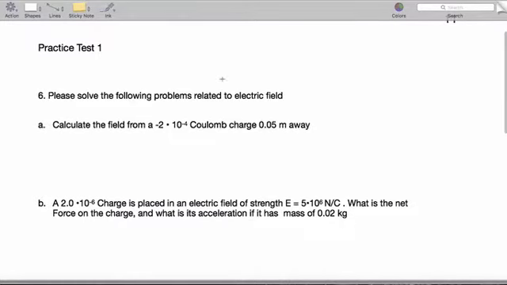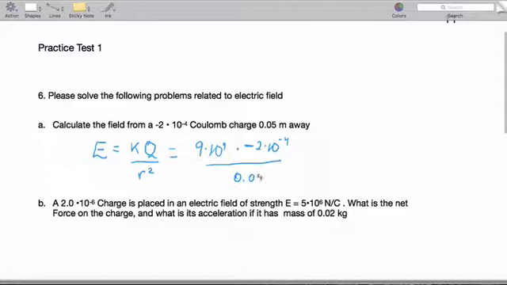All right, we're now going to calculate the electric field from this little Coulomb charge here. When we want to calculate the electric field, that's simply going to be this formula. And I will actually put in my numbers, so that's going to be 9 times 10 to the 9th times -2 times 10 to the -4th over 0.05 squared.